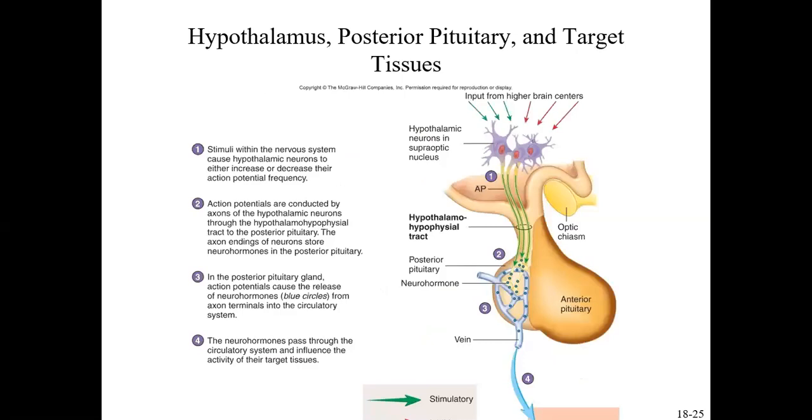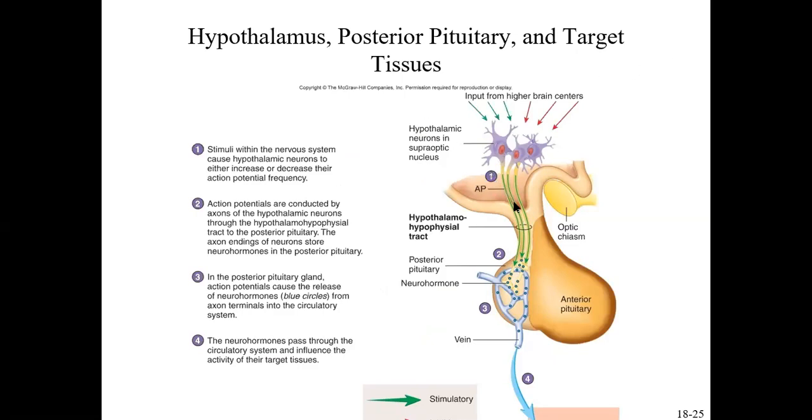The posterior side is a little different because the posterior side is directly connected to the hypothalamus. It shares some of the same neurons, and the nervous tissue is the same in the posterior side as is the hypothalamus. And so here you have a little different scenario. Instead of having a portal system, you actually have a nerve tract. And so here you see some neurons that still reside in the hypothalamus.